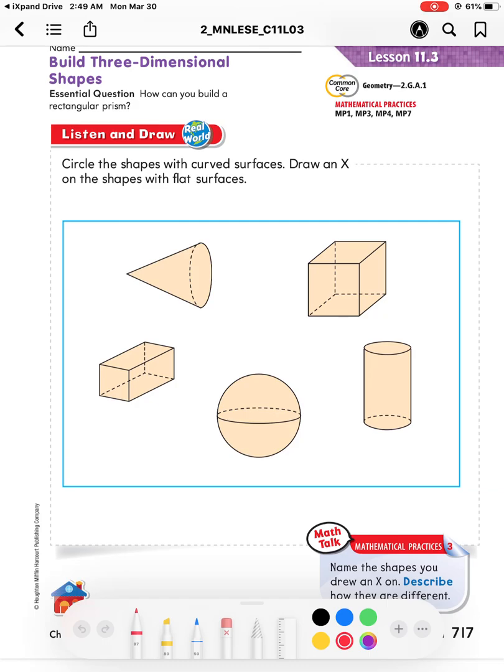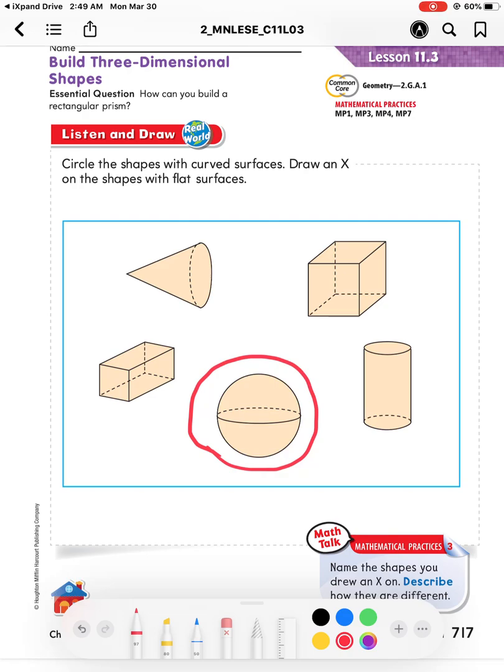Let's check here. Which shapes have curved surfaces? Of course, the sphere. The sphere is round and it has a curved shape.